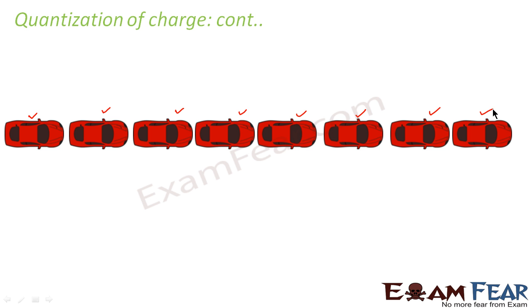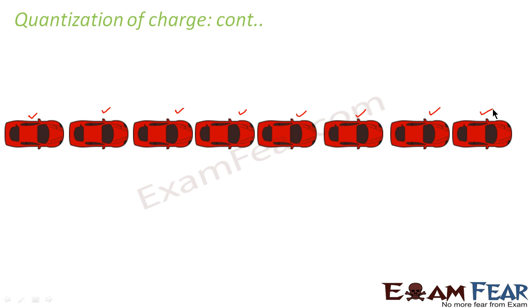Now this is true at the microscopic level, because the microscopic level is at the smaller level, at the constituents level. At that level you are observing electrons very closely. So you can say that this value and this value, it cannot take any value in between. But when you are observing the same thing from a macroscopic level, that is from a higher level, the difference between those charges, that is 1e and 2e and 3e, is very small.